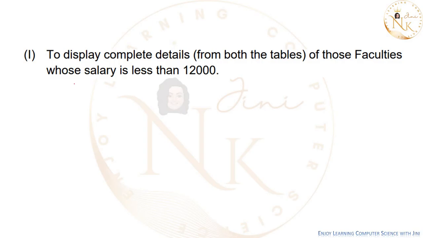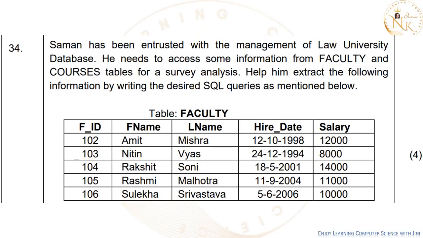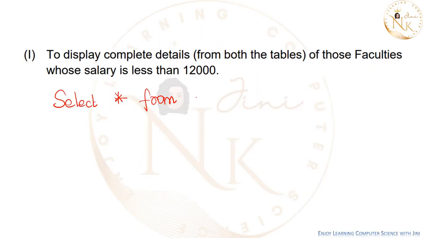Okay, so I can write select, to display all the details I'm giving asterisk, from the 2 tables, faculty as well as courses. So I'm combining those two tables. Faculty natural join, what is the other name? Courses.